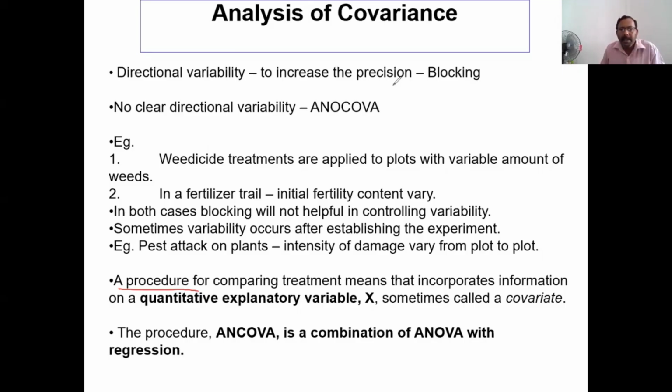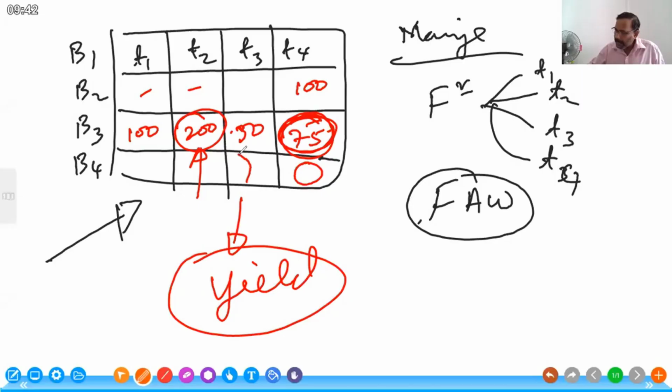Actually, you compare the treatment means that include the information about another variable, that is a quantitative variable x. Right? We have already talked about that in this last example. So we can consider another variable, x variable, for example. All right?